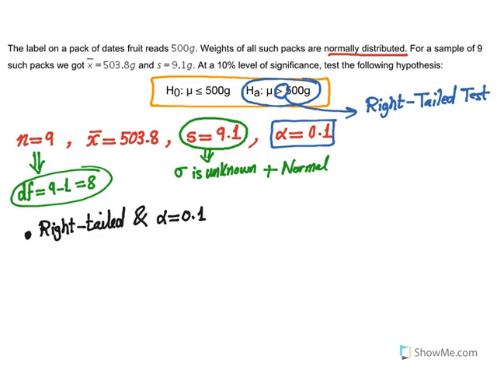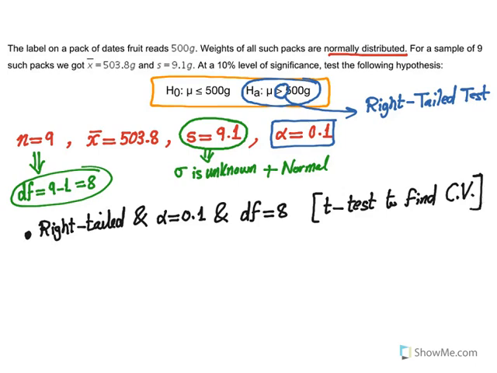So we have this, and we know that the degrees of freedom is 8. And we know that we need to do the t distribution test to find the critical value, the t critical value in this case. So remember these numbers now. The alpha 0.1 and degrees of freedom 8, and it's a right-tailed test.